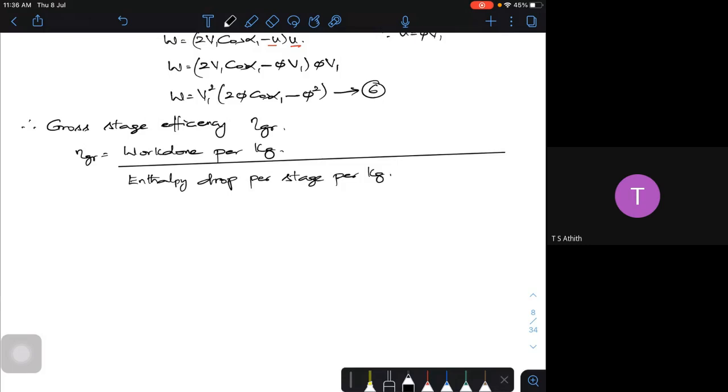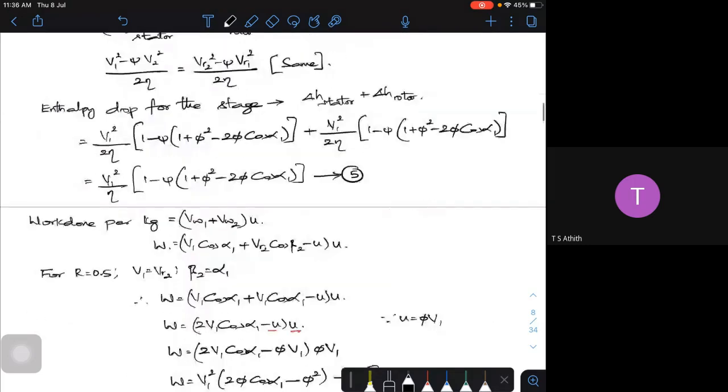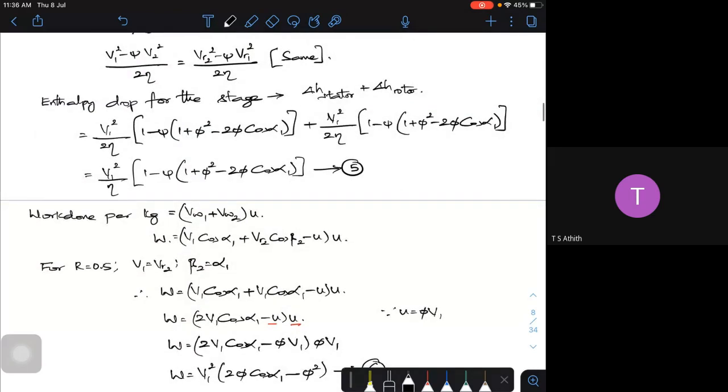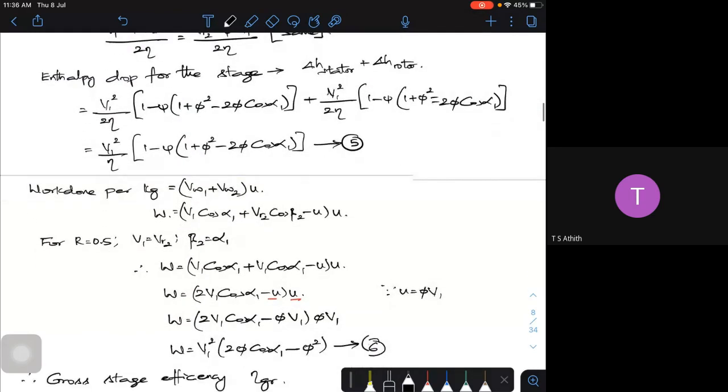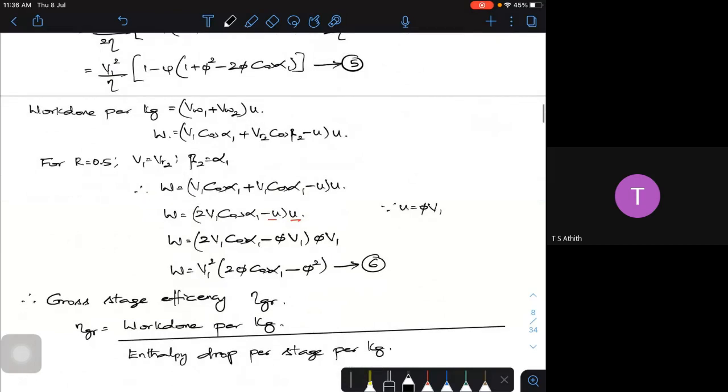Now we have equation 6 for work done, and we have equation 5 for enthalpy drop. So I'm going to substitute it.